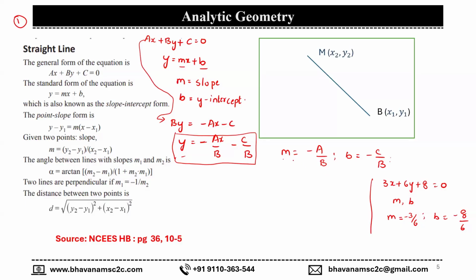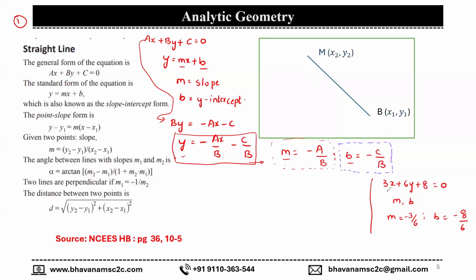Now you see what you got, m and b here: minus a by b and minus c by b, correct? From the general form of the equation, which is ax plus by plus c equal to 0, you got y equal to minus a by b x minus c by b, where m equal to minus a by b, and similarly b equal to minus c by b.